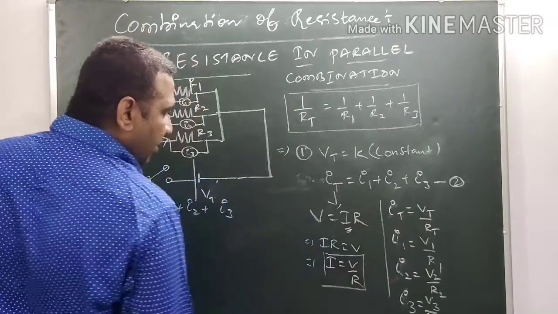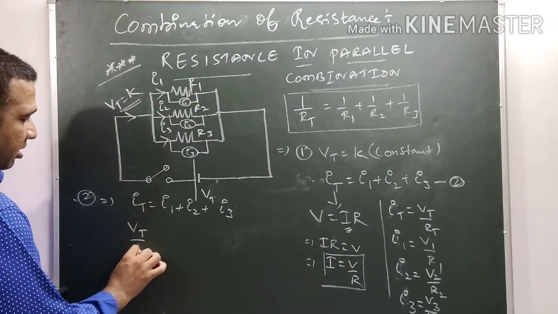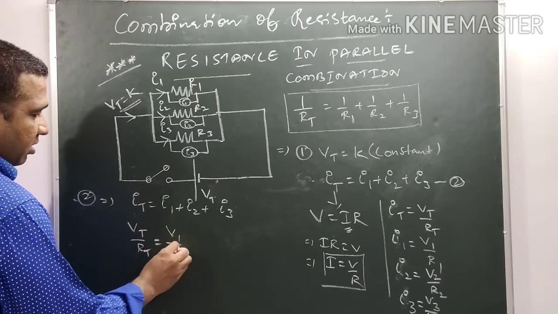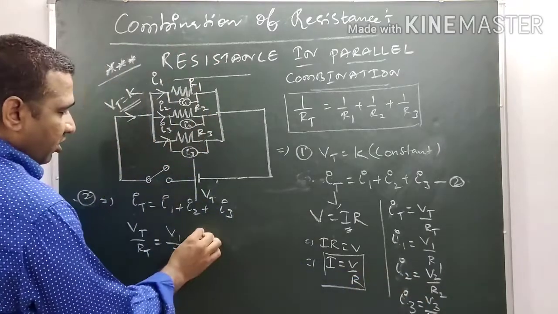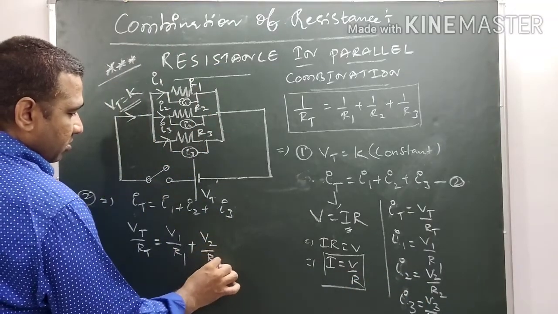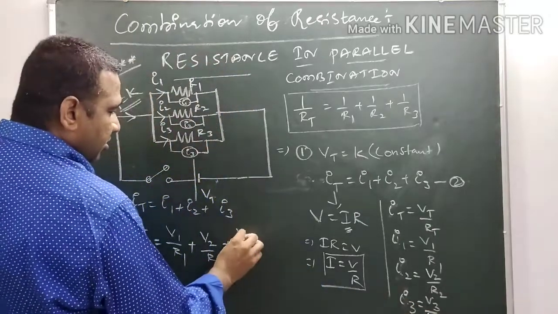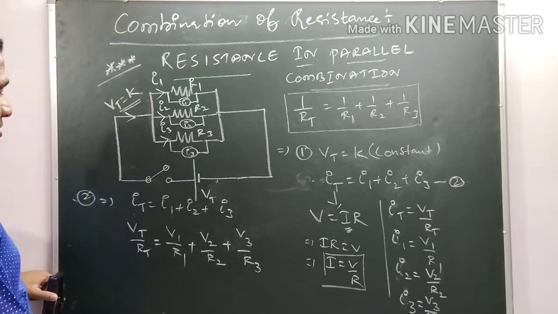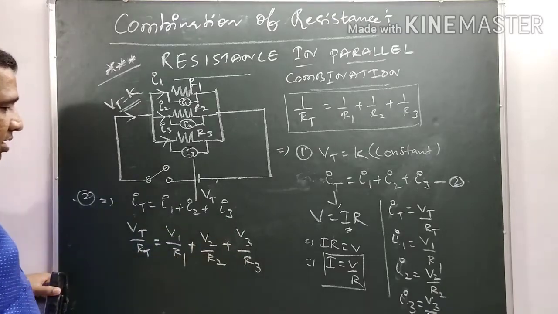So It is equal to Vt by Rt. In place of It, I write Vt by Rt. Now for I1 it is V1 by R1. For I2 it is V2 by R2. Next for I3, V3 by R3.